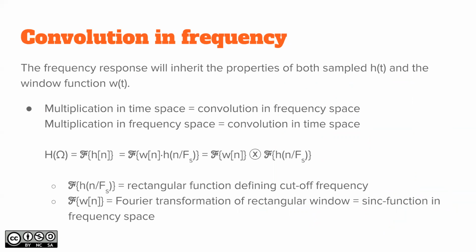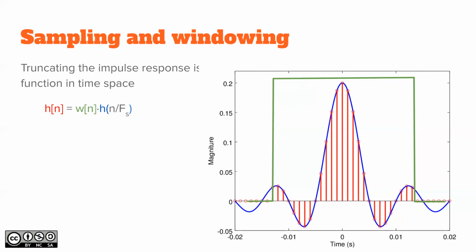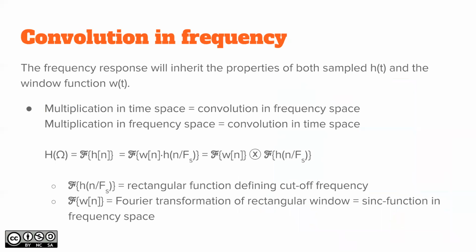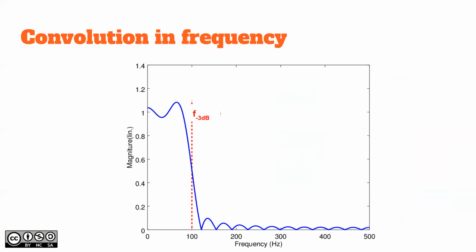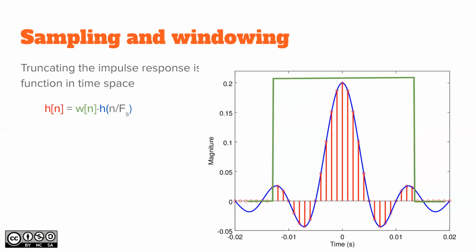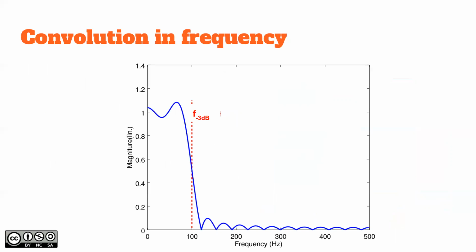Okay, good. Something to use. I will first show you this one. This is what you get when you take this h of n and calculate the amplitude response in linear scale.